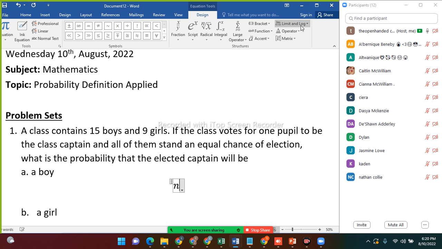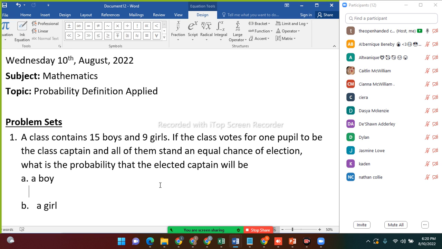So the number of elements that are in the sample space, Deja, is going to be what? Well, no, my apologies. Let's start off with the probability definition. So first of all, let's describe the event first. So the event is what?